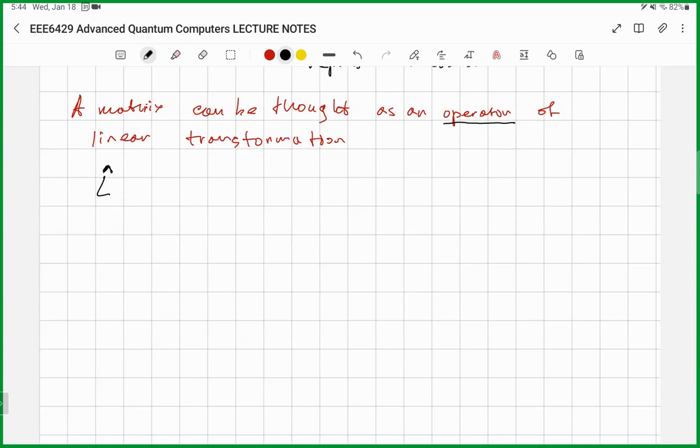What does an operator do? An operator acts on a vector, let's say a vector V, and the result of this action gives me another vector, vector U. For example, I initially have a vector V, which I can represent as an arrow.